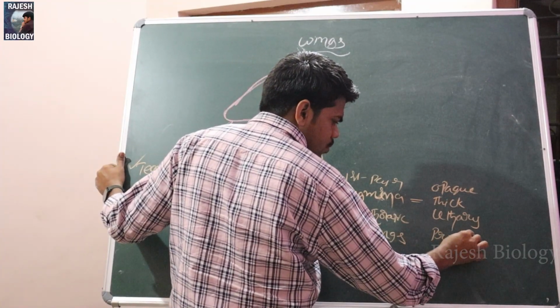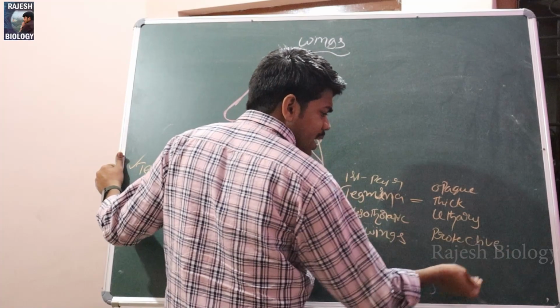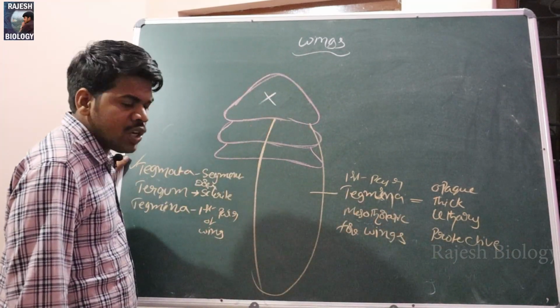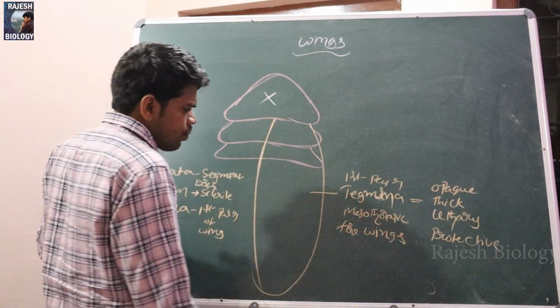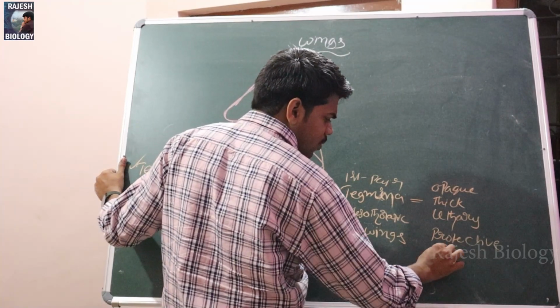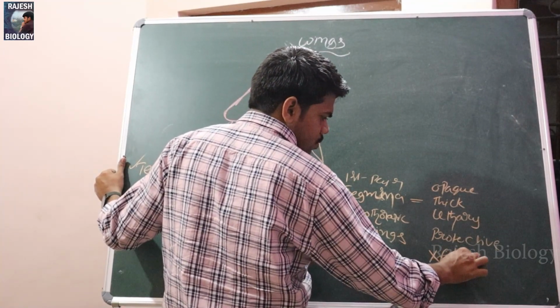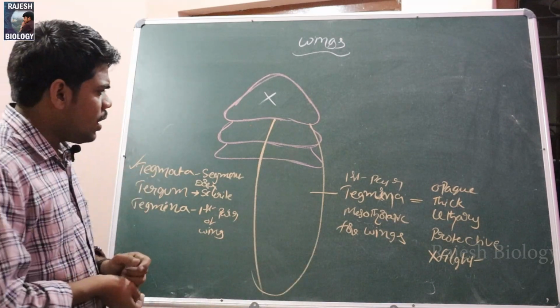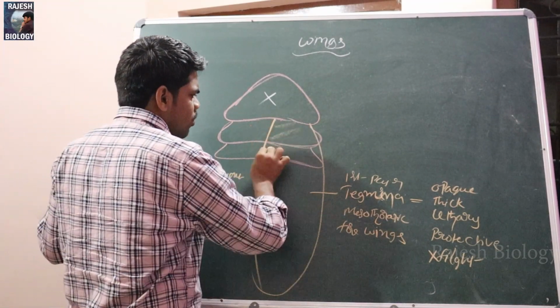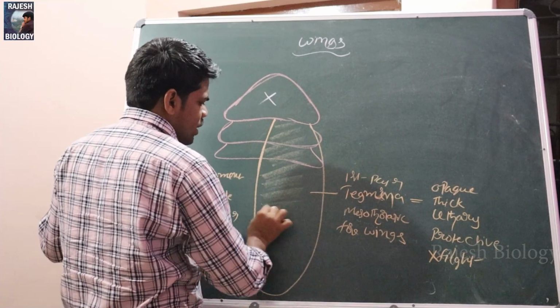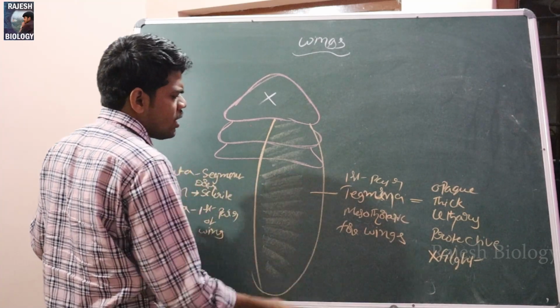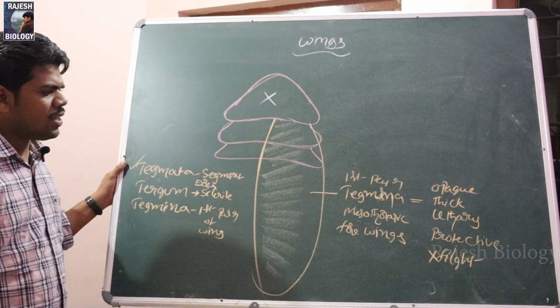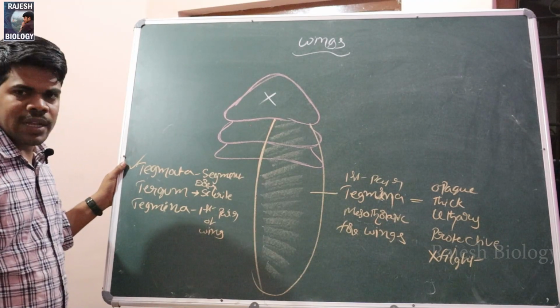It protects the hind wings, and it never helps in the flight. That is the first pair of thoracic wings, which arise from the mesothorax.